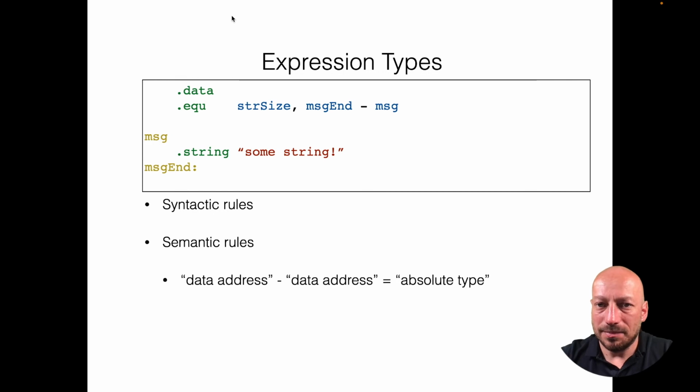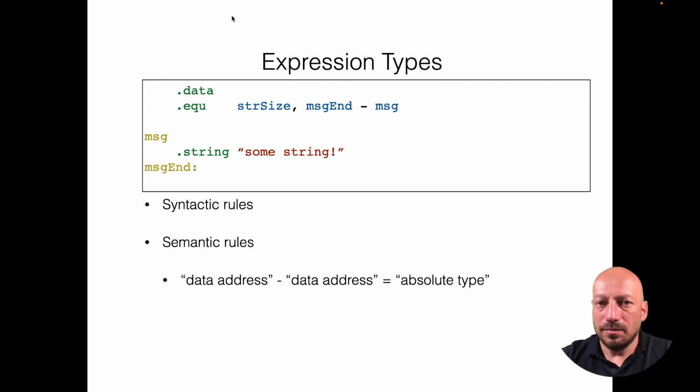And of course, this makes sense because you are computing the number of bytes between two addresses in the same segment. And here, the purpose is also kind of clear. You can use it to count the number of bytes used by the assembler for generating the string, including the 0 byte. So with that, you cannot forget to also count the 0 byte.